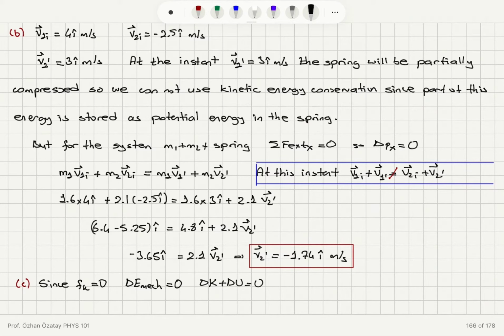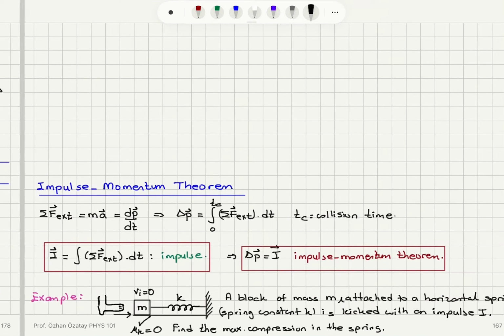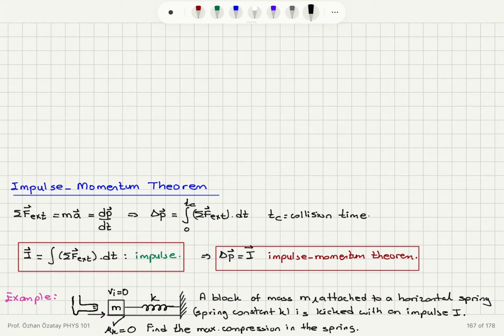So in order to determine the compression in the spring, all I have to do is calculate the initial kinetic energy of the system, which is 1 over 2 m1 v1 initial squared plus 1 over 2 m2 v2 initial squared.